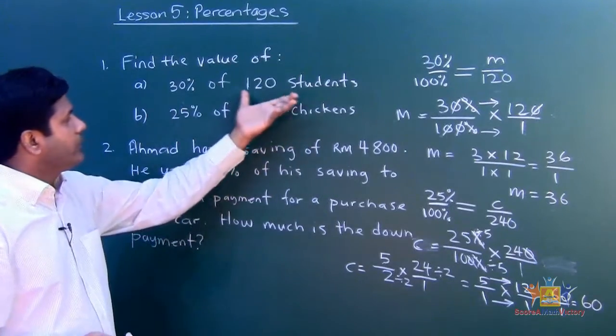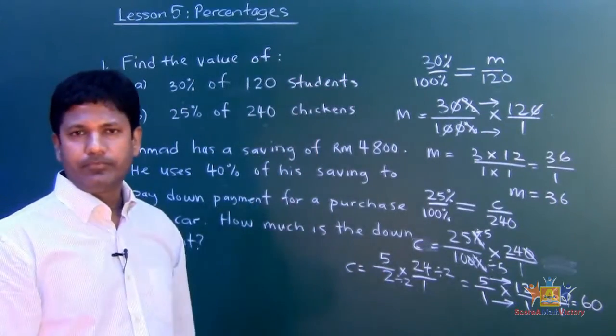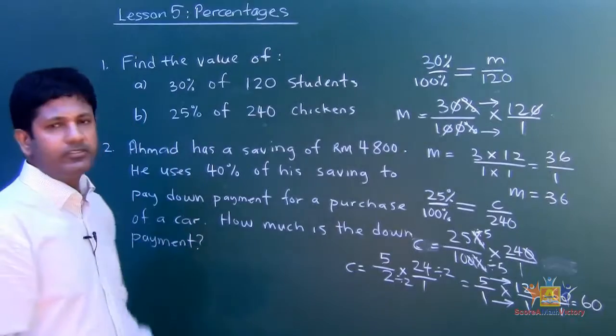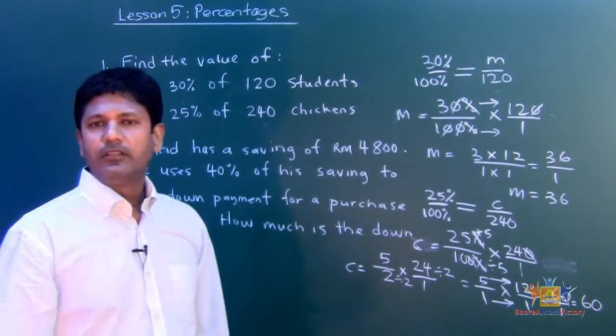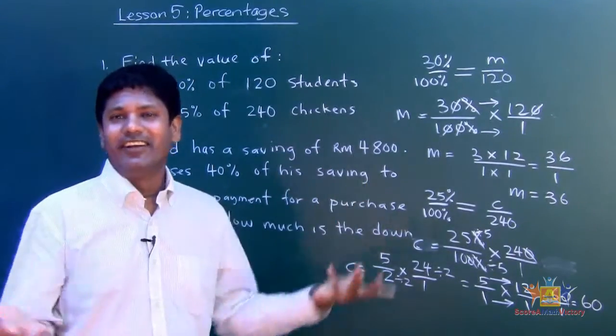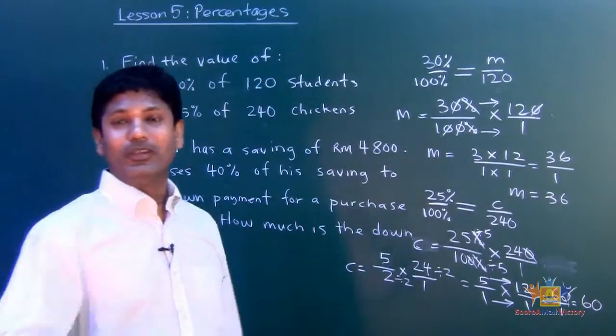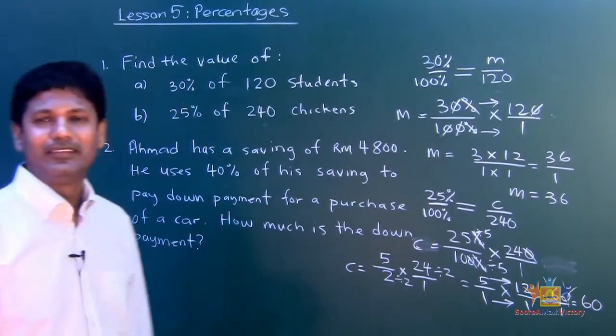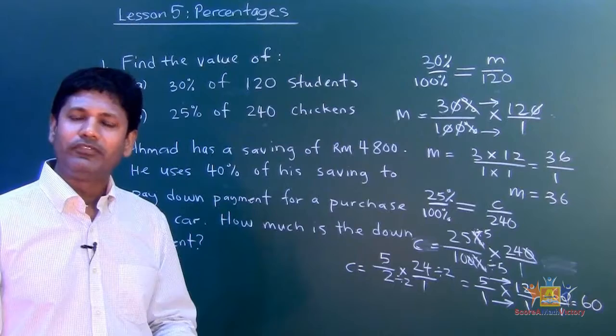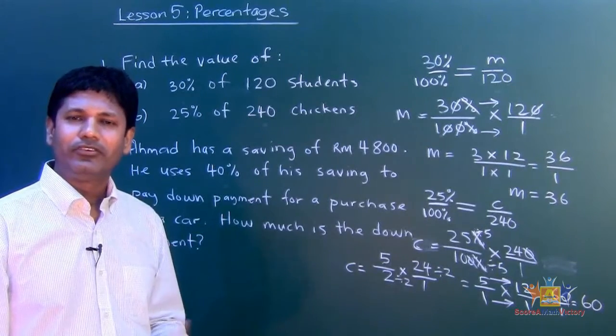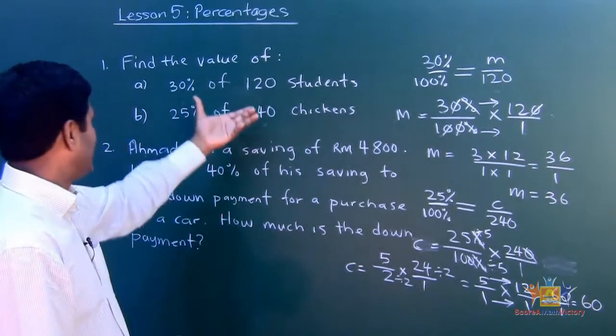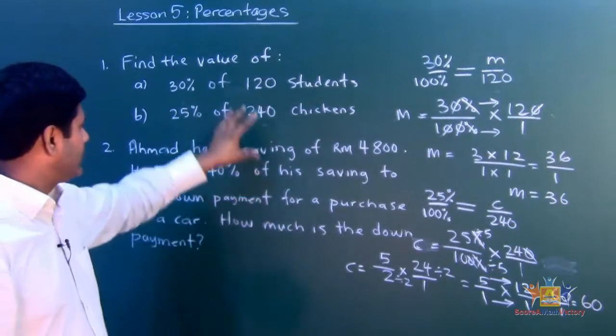In a school, there are 120 students. 30% of the students took a vacation, or took a field trip. How many students took the field trip? So I elaborated that. That's pretty much how I did it.